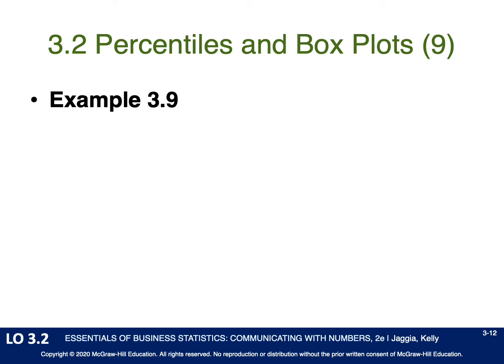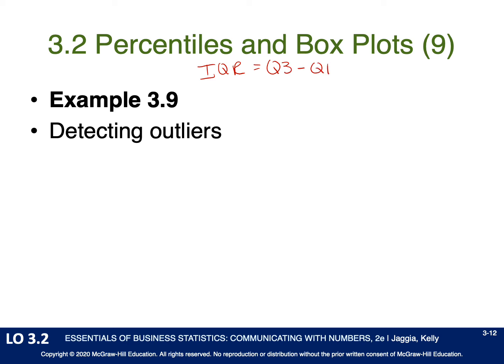The next thing I'm going to do is try to determine if there are any outliers. The first thing I want to do to determine if they are outliers is to calculate that interquartile range. Remember, I said earlier that the interquartile range is quartile 3 minus quartile 1. If you look back in your data, you should show that quartile 3 was 20.76 and quartile 1 was 2.81.